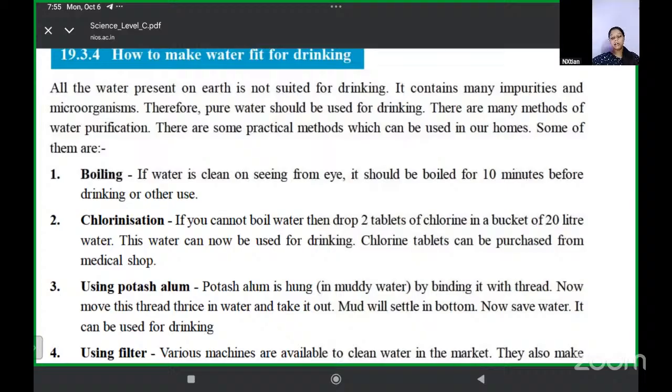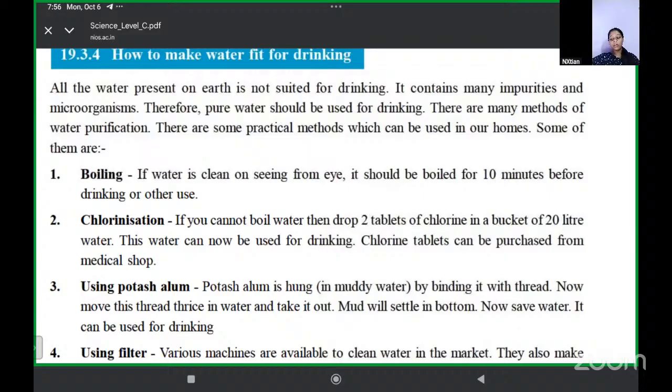Some of them are boiling. If water looks clean to the eye, it should be boiled for 10 minutes before drinking or other use. Even if it looks clean to you, boiling is a good method to kill any germs, microorganisms or bacteria from the water. Chlorinization.